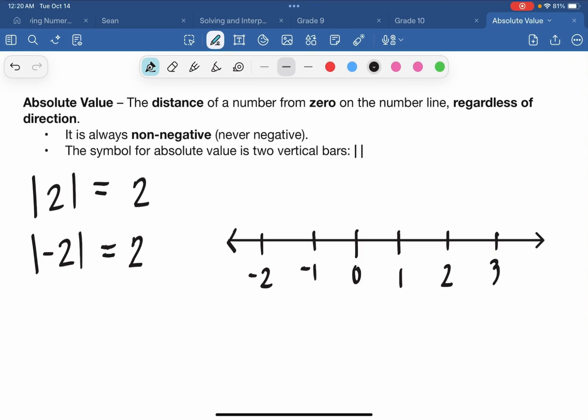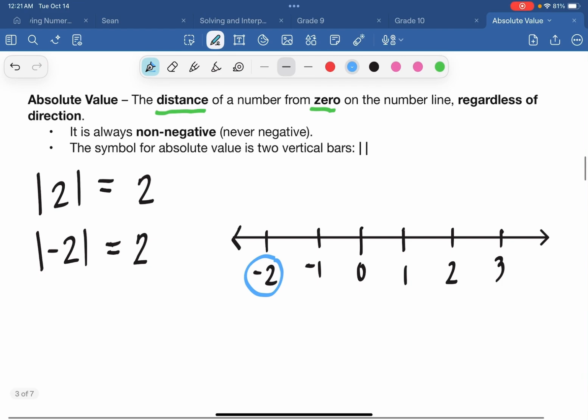Let's add 3 for the space. Now, why is it that the absolute value of 2 is 2 and at the same time the absolute value of -2 is 2? Again, we need to go back to the idea that it is based on the distance from 0. So just like this, if we have here our -2 and 2, again, distance from 0.